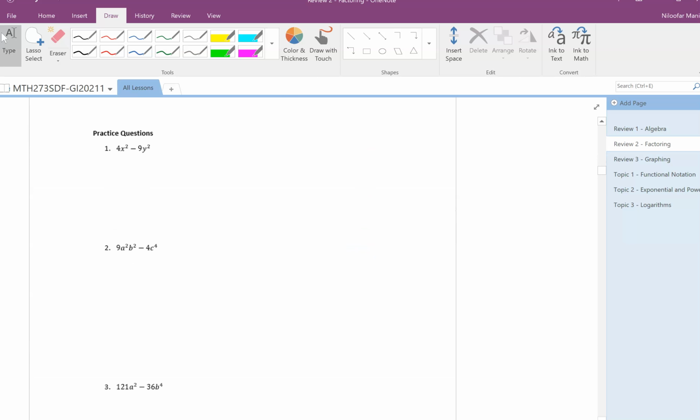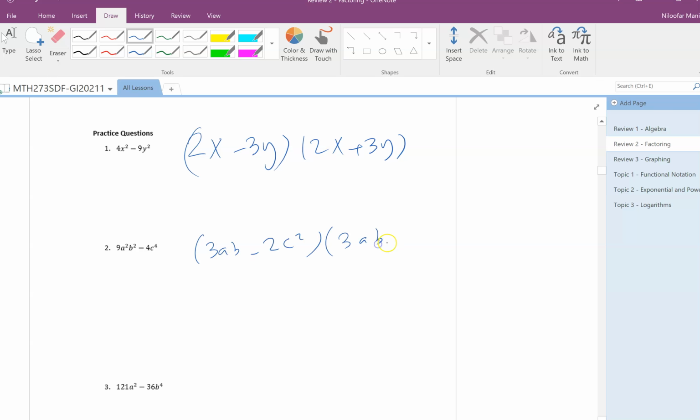Okay, so these examples, let's do them. It's 2x minus 3y multiplied by 2x plus 3y. It is 3ab minus 2c squared multiplied by 3ab plus 2c squared.